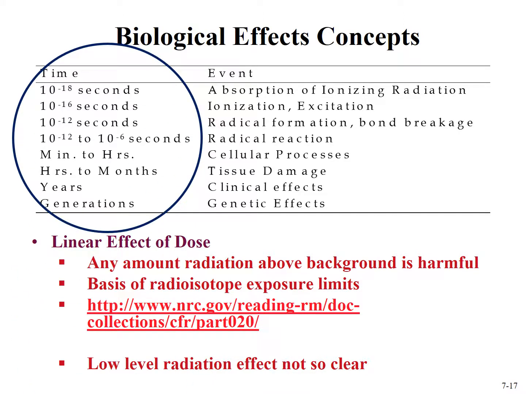The time components here go from very short, 10 to the minus 18 seconds, to generations. Those effects, which are associated with health, cellular processes, tissue damage, and clinical effects, are extremely long-term events compared to the chemical and physical nature of the interaction of biological material with radiation. Therefore, it's very difficult to quantify.